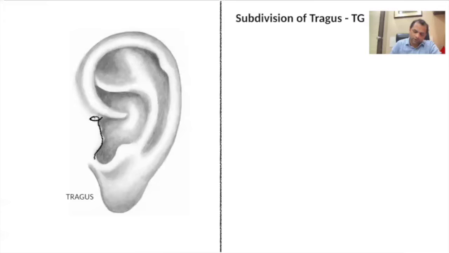So we can divide tragus 1, tragus 2, tragus 3, tragus 4, tragus 5.